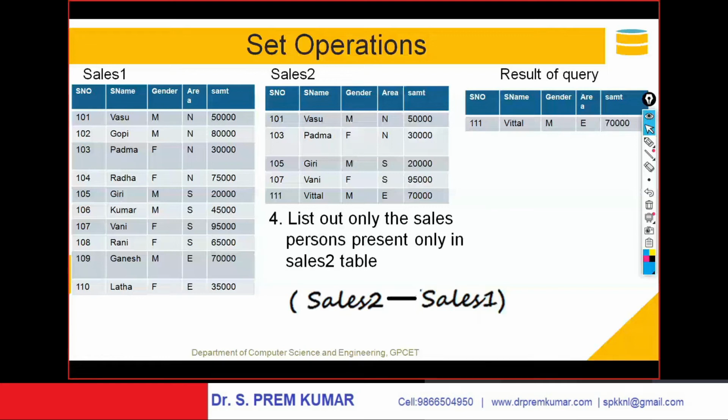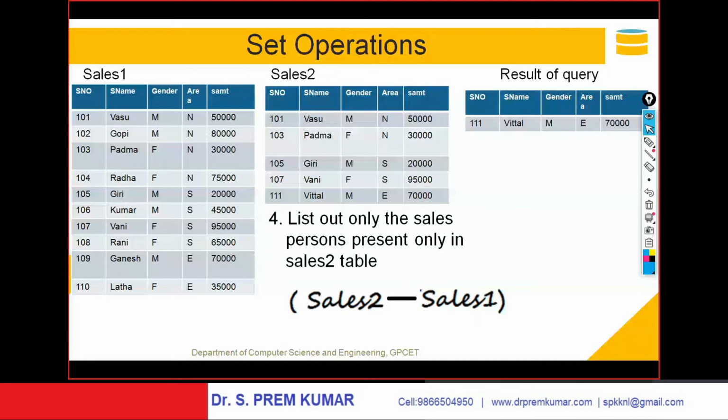So if that is the case, sales 2 minus sales 1, subtract. The rows which are available in the first table but not available in the second table will be resulted.